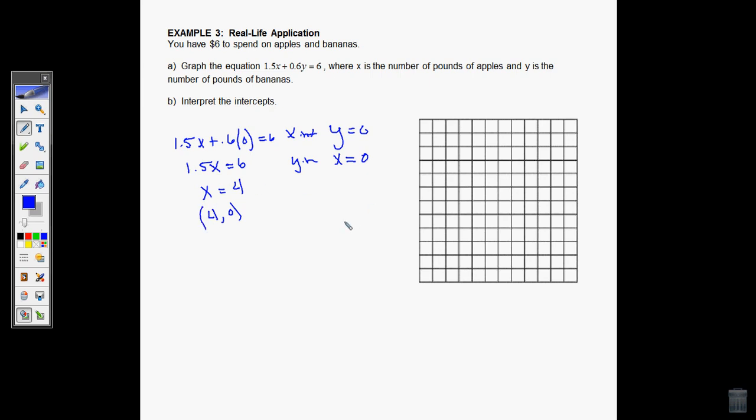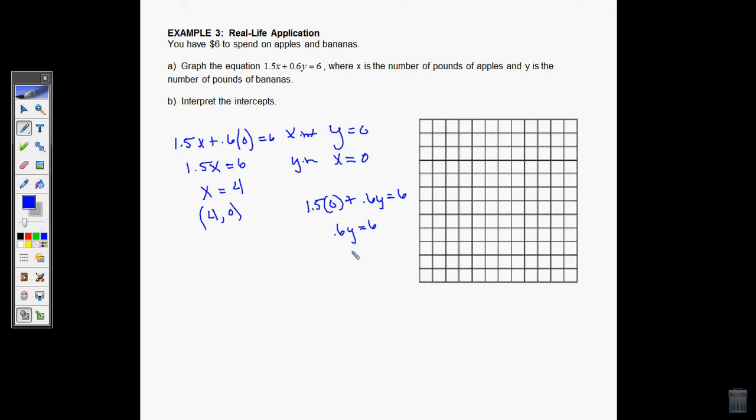Now, let's look at getting the other intercept. 1.5 times 0 plus 0.6 times y equals 6. Alrighty. Now, once the 1.5 multiplies 0, my equation basically just says 0.6y equals 6. How many times does 0.6 go into 6?